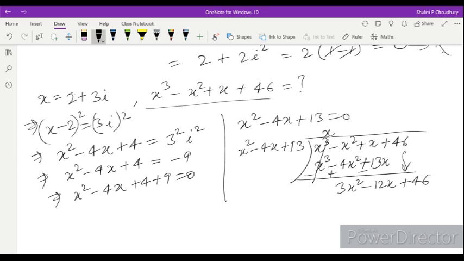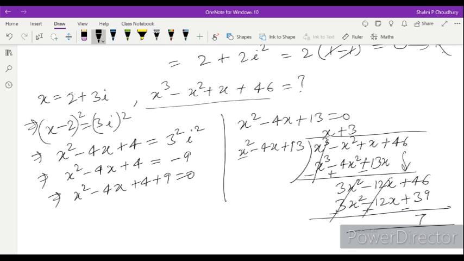So in terms of x square, we'll write 3 here. 3 into x square minus 4x plus 13: 3x square minus 12x plus 39. So the signs change, cancel, cancel, and 46 minus 39 will be equal to 7.